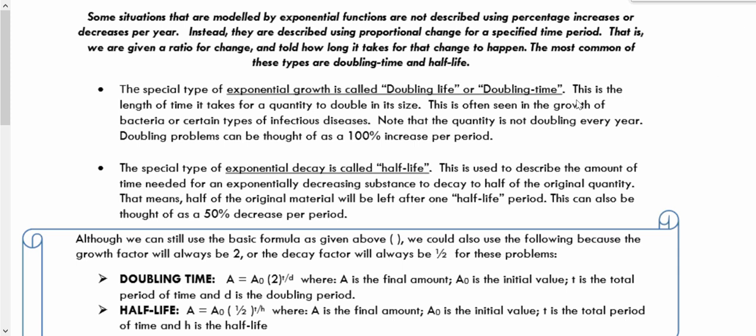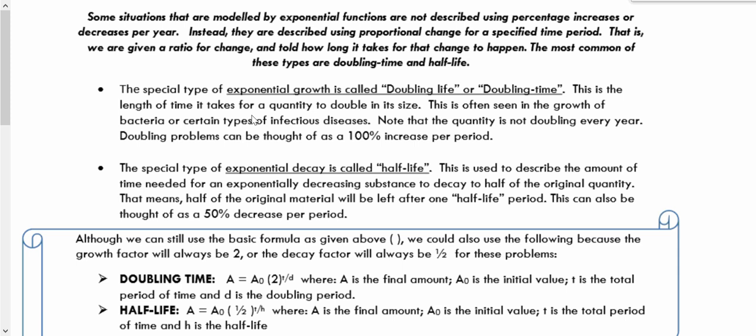So when we talk about doubling life or doubling time or half-life, we're talking about how long it takes. So the length of time that it takes something to double in its size. So oftentimes it's easier to compare it to an original point and say, it took 7 years for it to go from 50 cases to 100 cases.